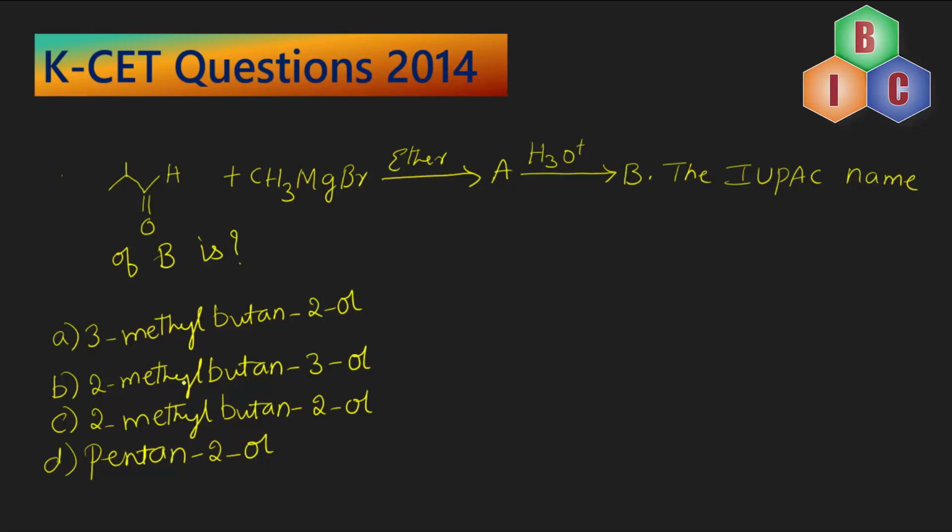In each of the cases you can see there is a difference in the position of the OH group being attached, and in these two cases we see that there is a difference in the position of the attachment of the methyl group. So let's start answering this.